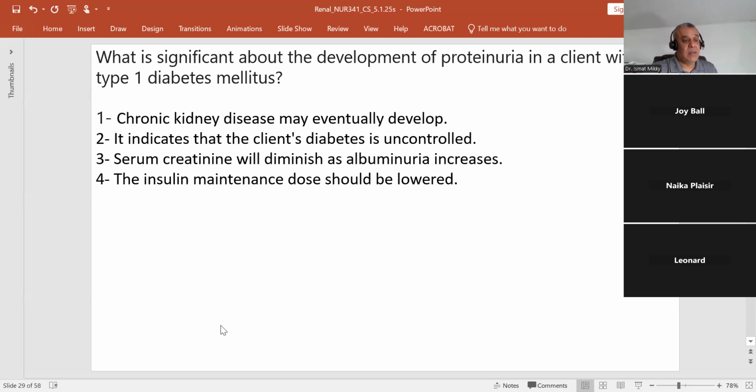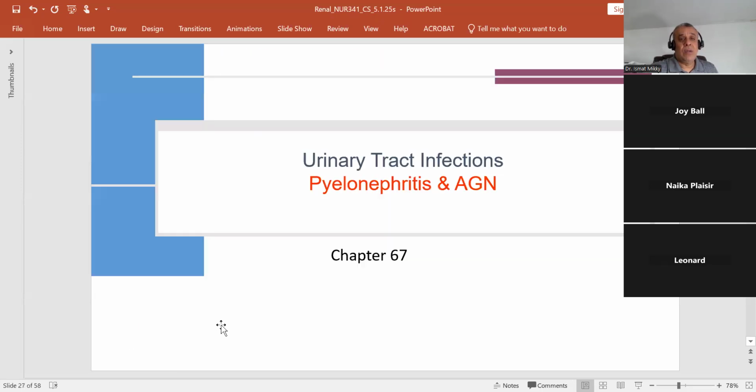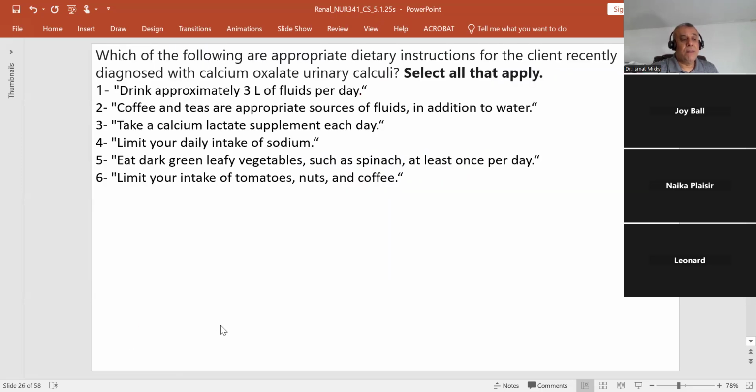Professor, can you go back to number 6 real quick, please? The previous question. Yes, the select all that apply. I want to know why number 3 is correct, because I'm still confused on that one.